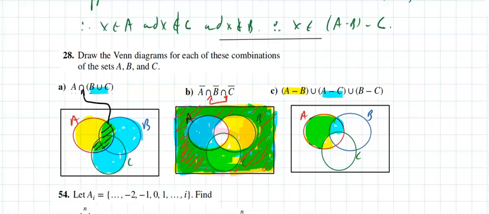And if I take B minus C, this is B minus C. So A minus B, yeah. Now, I'm looking for the union. If I was looking for intersection, I'd be looking at the very dark colored one. But the fact that I'm looking for the union, it's anything that's shaded.